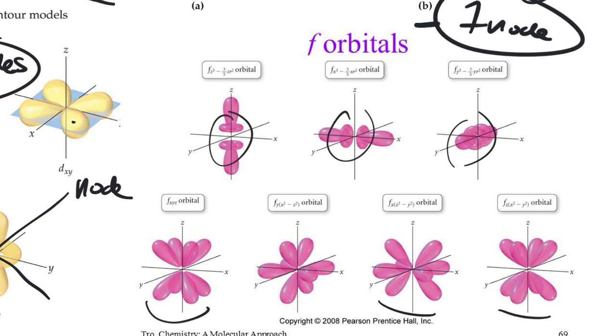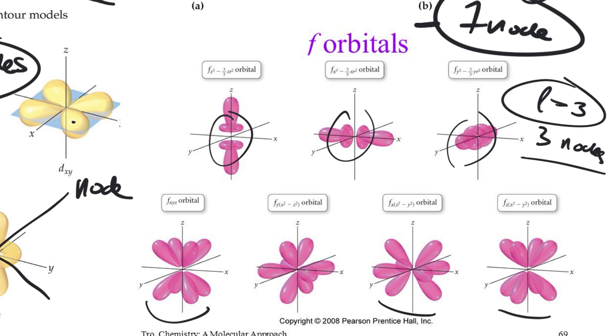These are just cases where these have 3 nodes, coming from the L value of 3. So the f orbitals are characterized as having the L value of 3. That's what their shape is referring to. These are some base shapes of what f orbitals look like. You'll probably never see an f orbital again after this slide, but I just thought you should see an idea of what they look like. And you can probably then appreciate why we're not going to bother showing you g, h, or i orbitals, et cetera, because those would be way too complicated.